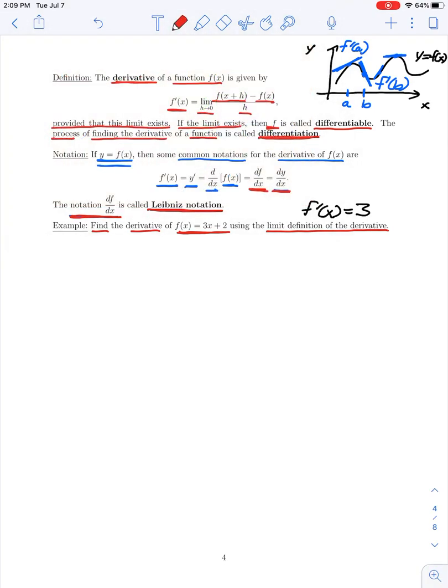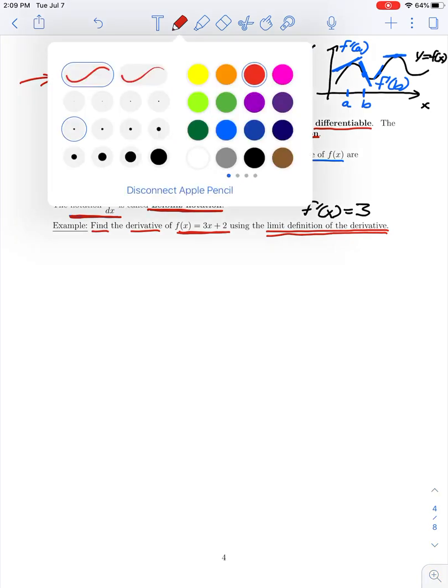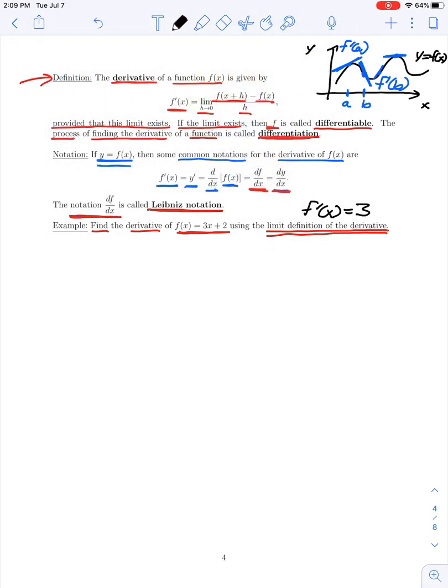And the problem says that we have to find the derivative using the limit definition of the derivative. So we have to use this definition which was provided here. So let's see if we can justify that the derivative should be 3.